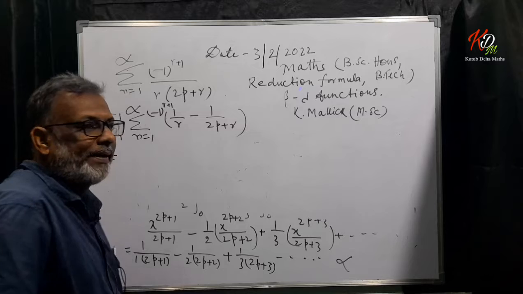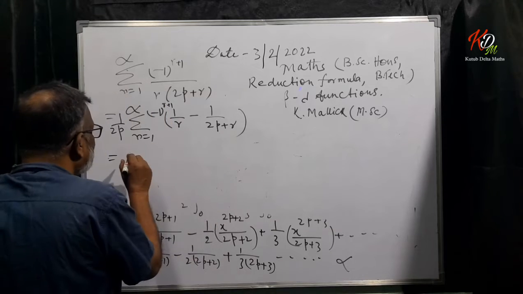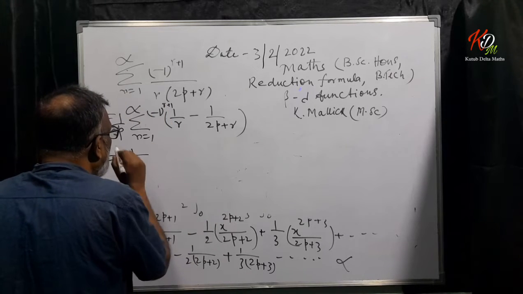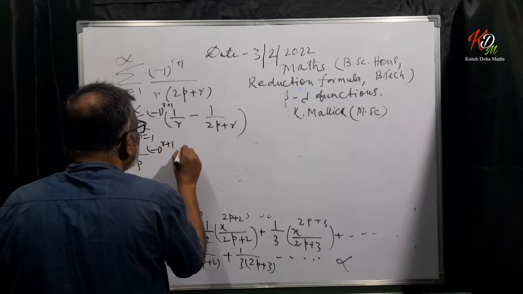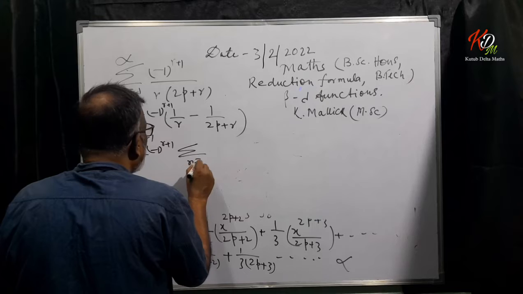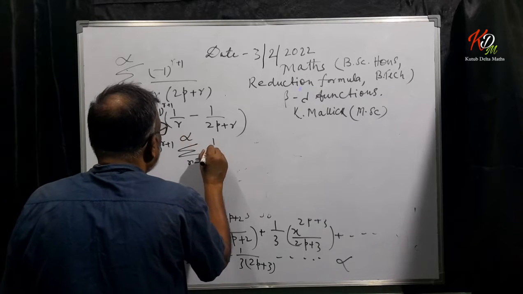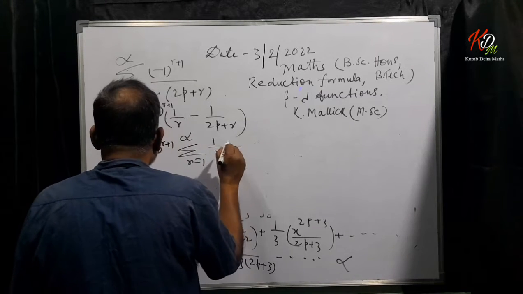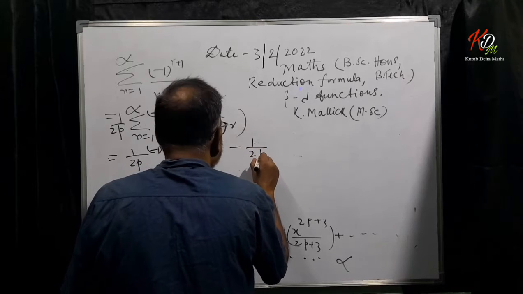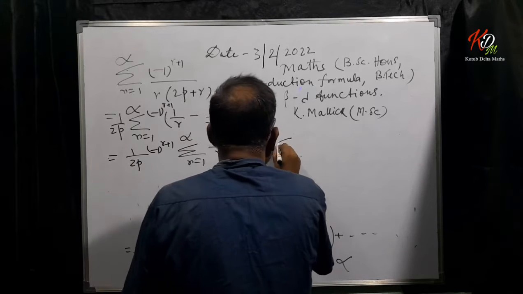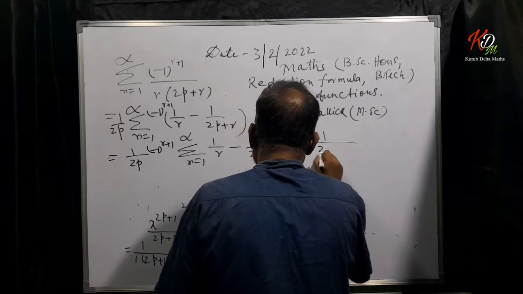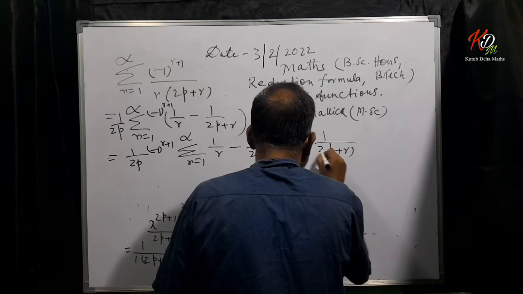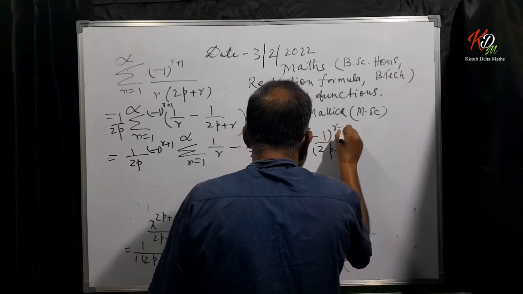No problem, very interesting matter here. This is 1 by 2p, minus 1 whole to the power r plus 1, summation r from 1 to infinity, 1 by r minus 1 by 2p plus r.